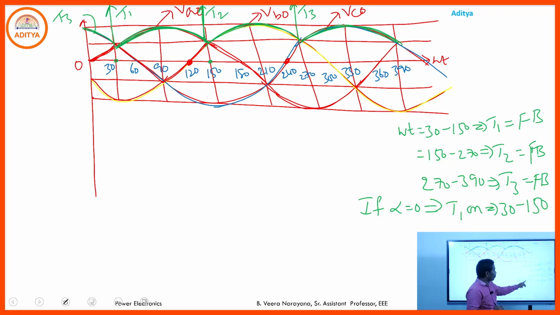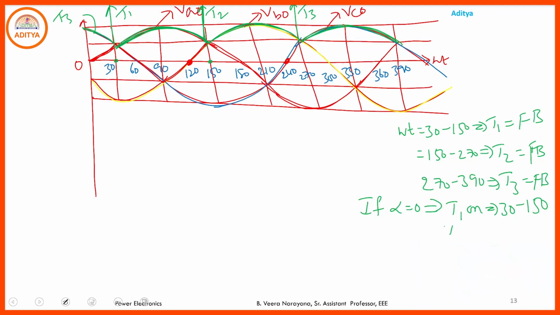So if alpha equals 0, T1 is on at 30 to 150, and similarly T2 is on at 150 to 270, T3 is on at 270 to 390 and 0 to 30.